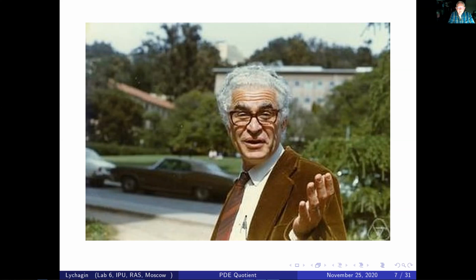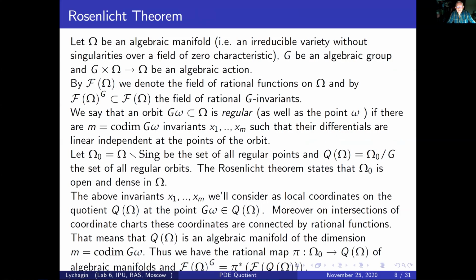Yeah, and so the Rosen-Lychagin theorem, I will not formulate it as a theorem, I simply will explain what's really going on here. So first of all, we will start with an algebraic manifold. When you define, say, a smooth manifold, you define it by charts and require that the transition functions between the charts should simply be diffeomorphisms.